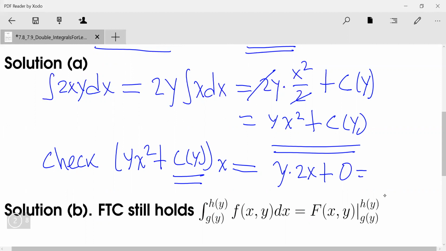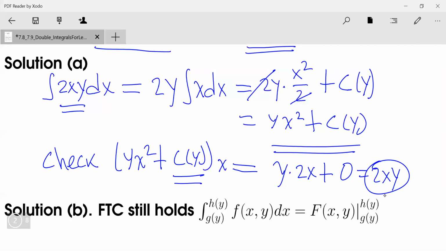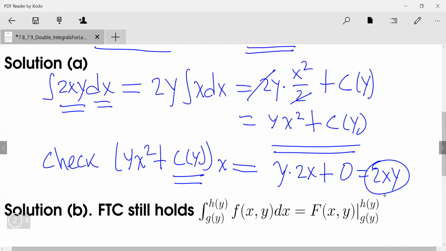And that is 2xy, which is the same as the integrand. So we can verify this. This example also shows that when we integrate with respect to x, we just treat y as a constant. Okay, that's the first part.